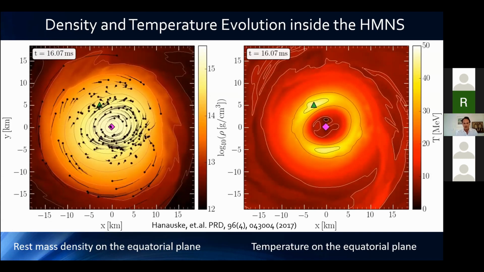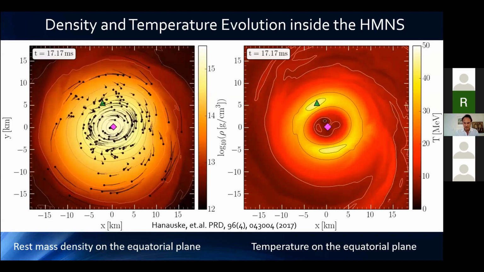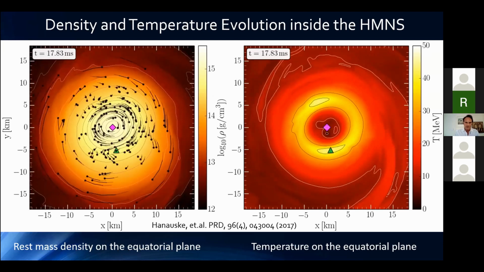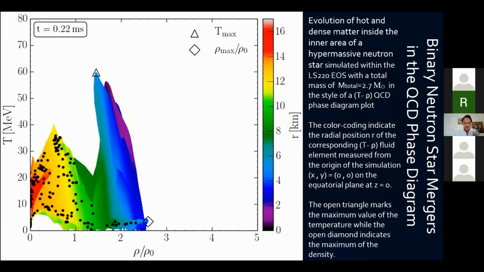In the co-rotating frame. So we look now at the same simulation, but plot here the temperature and here the density.